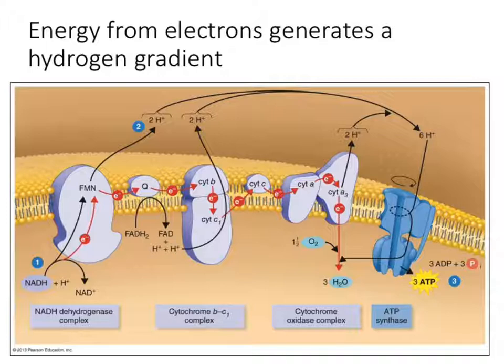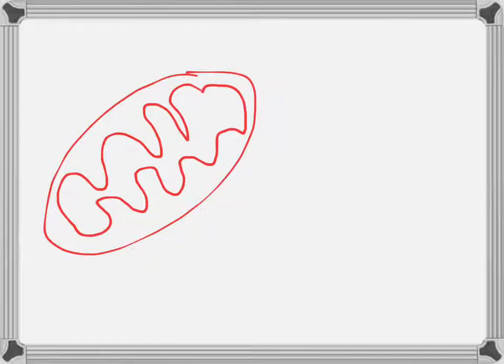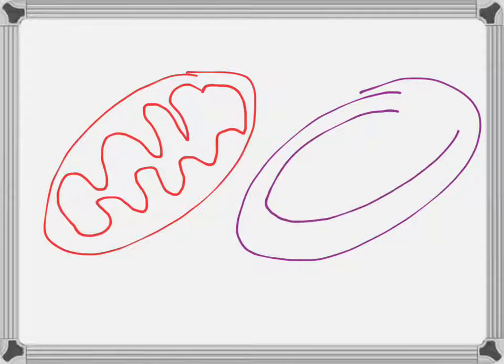So, for example, here is your classic mitochondria. Here is a gram-negative bacterial cell. And then there's a cell wall in between those two membranes as well.